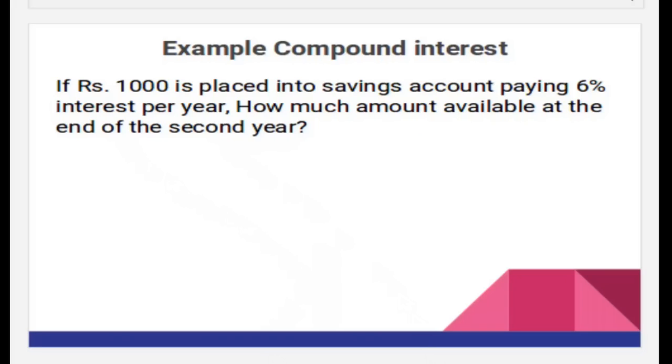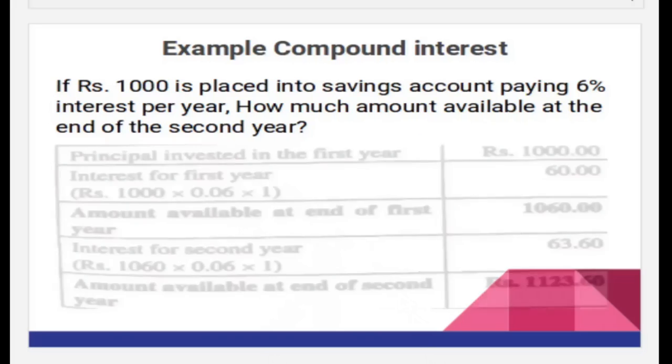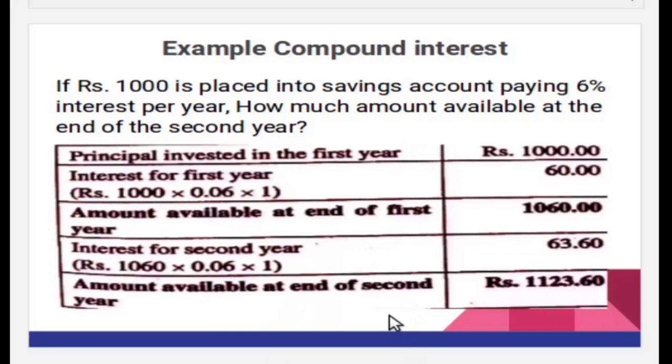To solve this problem, you know very well how to calculate the simple interest, that is the product of P, N, R. So the principal amount is 1000, and we know the simple interest formula. So 1000 into 0.06 into 1 for the first year, that's why we have taken 1. We will earn 60 rupees as interest.